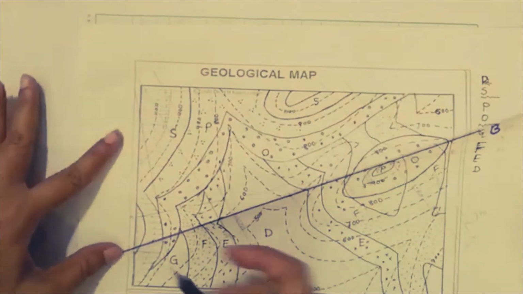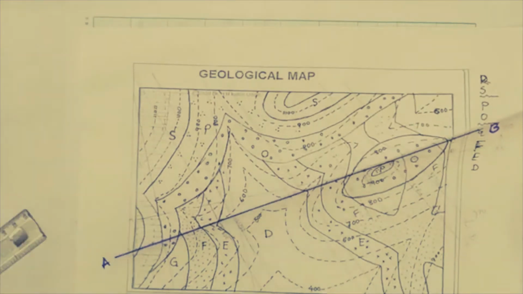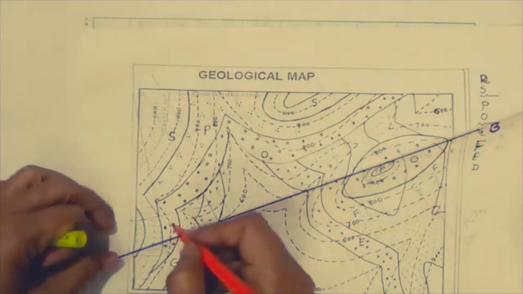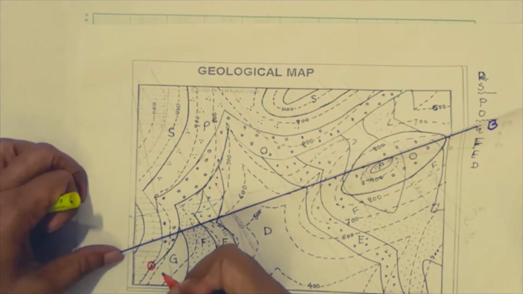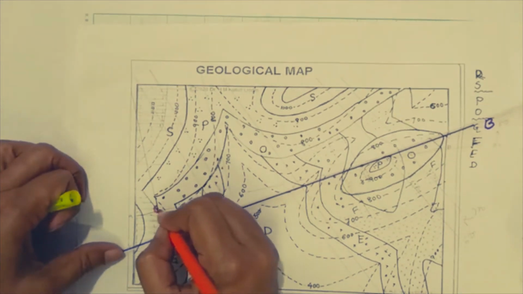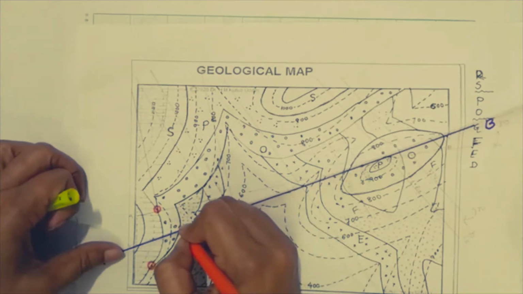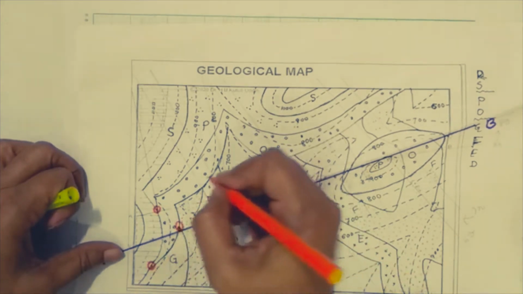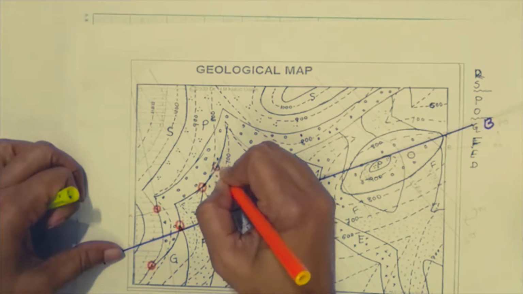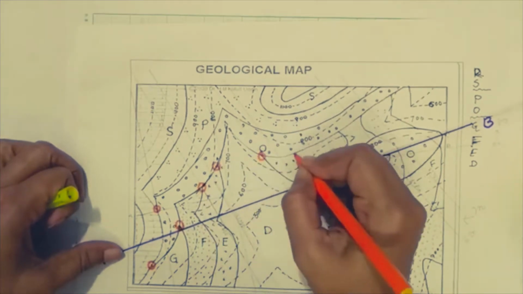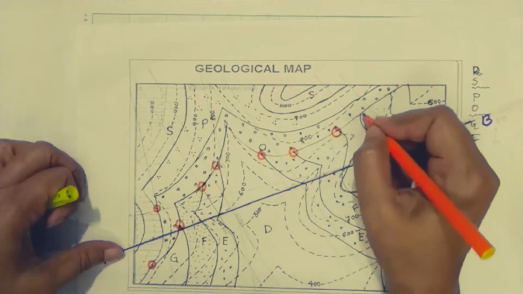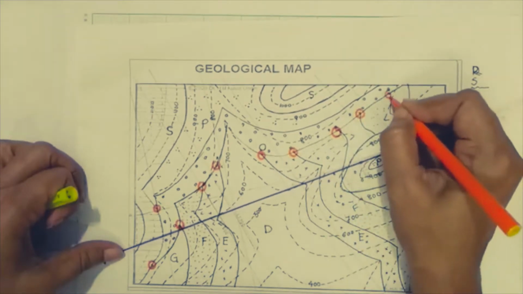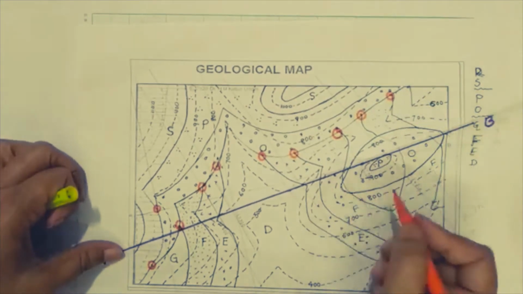Now come to this segment. This is a point of unconformity. This is a triple point junction. This is the point of unconformity. This is also a point of unconformity. Look at this. Those are the triple point junctions. Three beds meet at those points.